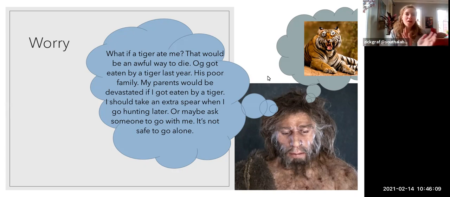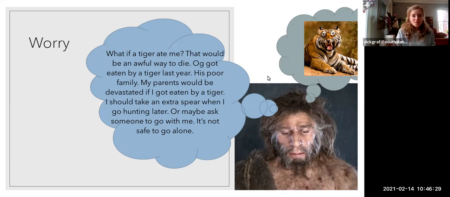So whereas fear would be an appropriate response to being chased by a tiger, anxiety would be an appropriate response to being in an environment where there might be tigers nearby. Worry is what happens before you ever leave your house or before you ever leave your cave, when you're thinking about yourself in a future state where you might encounter tigers.